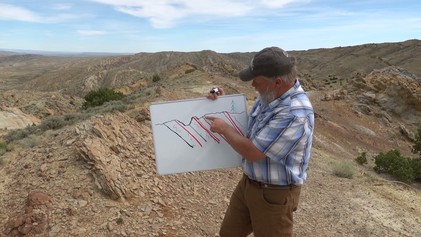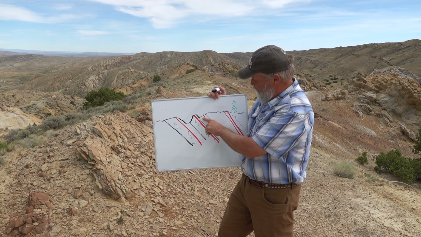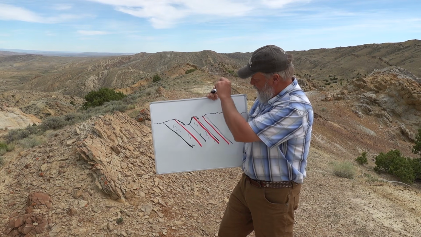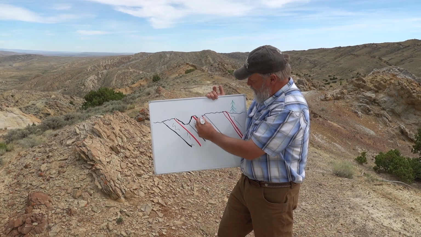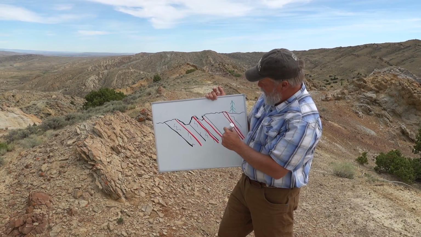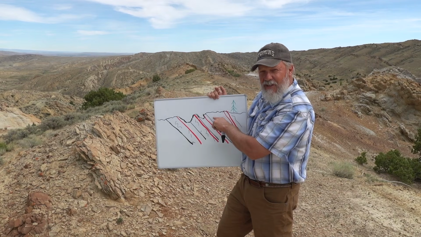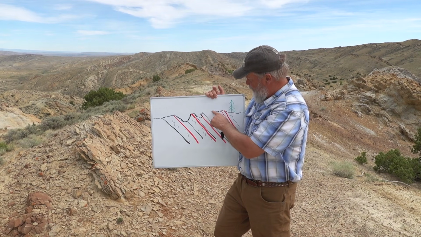Let's do that again. Let's say this guy is resistant, hard like cement, so I'm going to pull this down even further. It's hard to draw left-handed. And then I'll say this is soft, really soft. So here comes erosion.